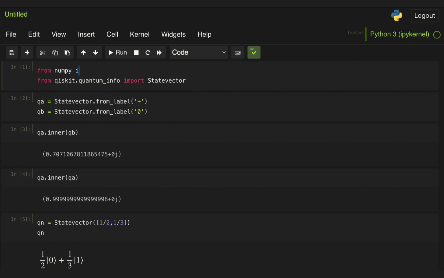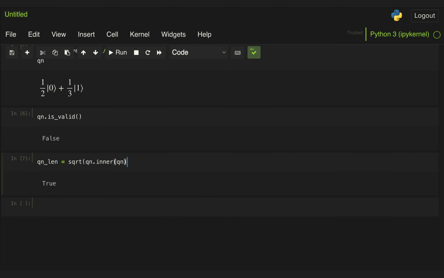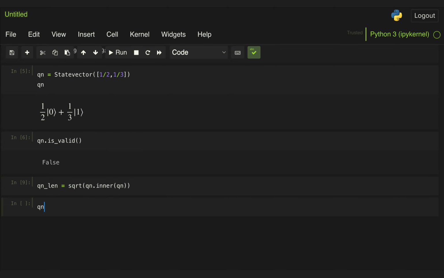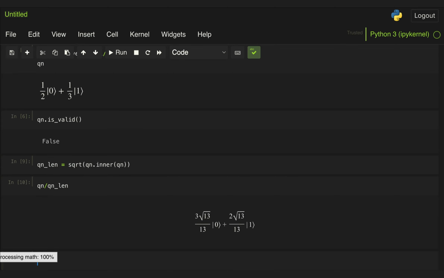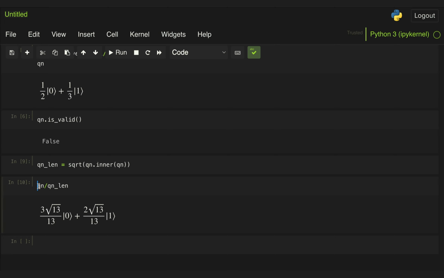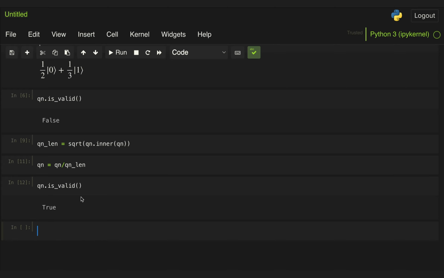So from NumPy, import square root. So if we do that, square root of the inner product of that vector, and then take that original vector and divide it by that length, it should give us a vector that is properly normalized. Let's actually store this again in the same variable, qn. And now if we do qn.isValid, it should be equal to true. And here we have it.